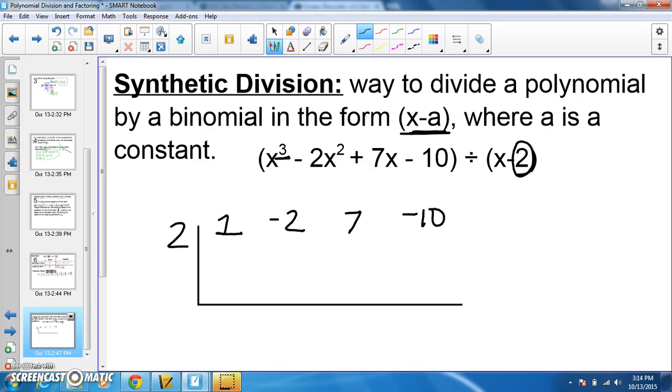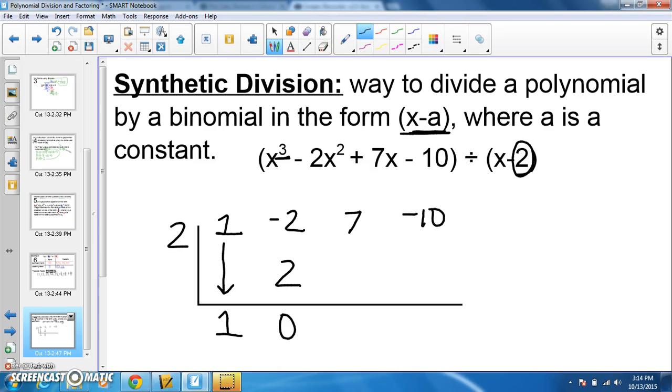To carry out the division, we are going to start off by bringing the 1 down on the outside of the box. We then multiply 1 times 2 to get 2, and we place that in the next column over. We add the second column. So negative 2 plus 2 is 0.